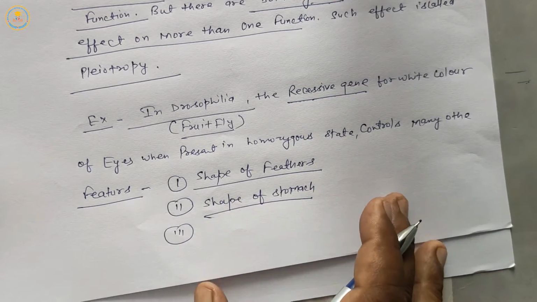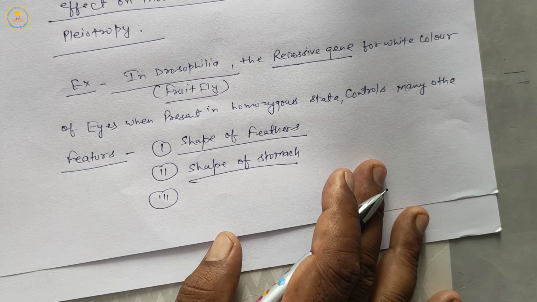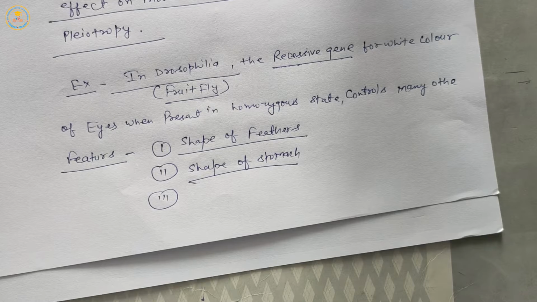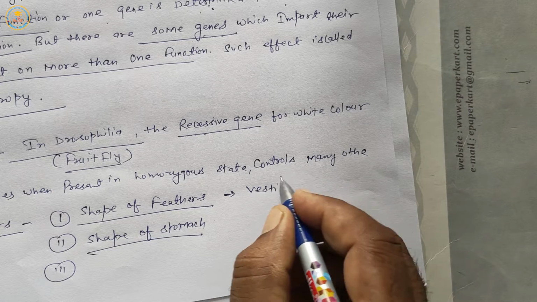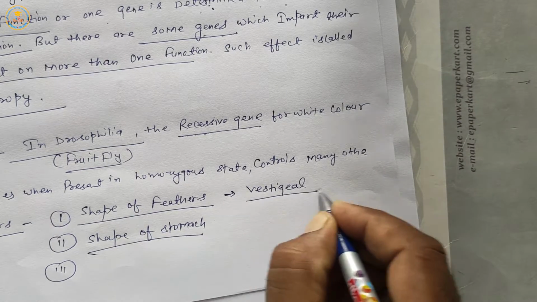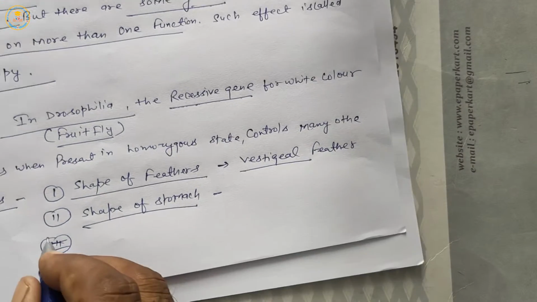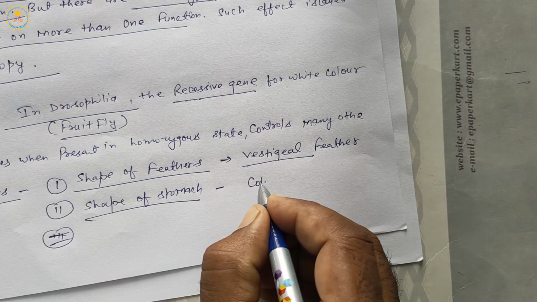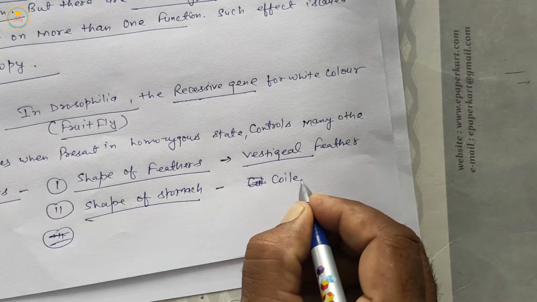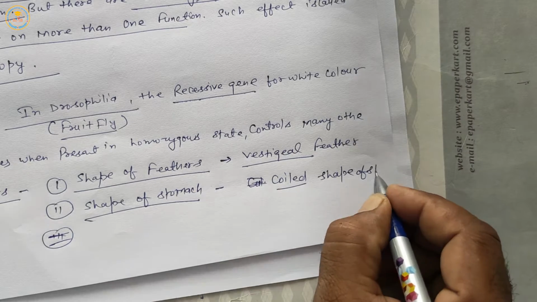Feathers are vestigial, and the stomach shape is colloid shape.